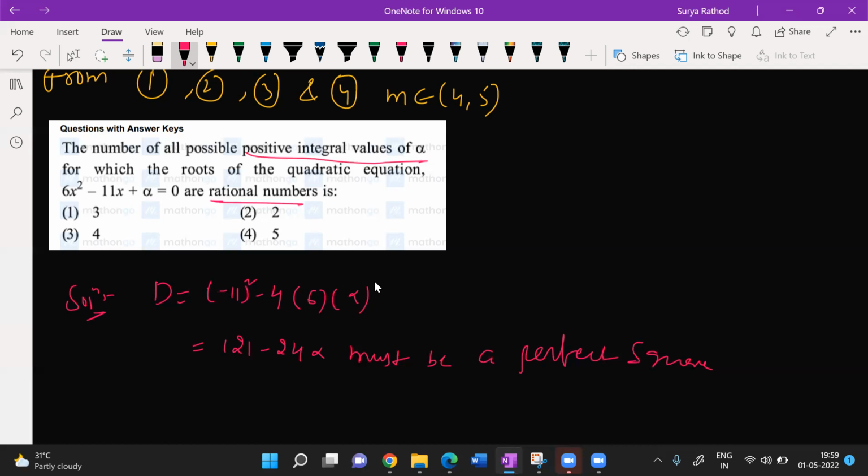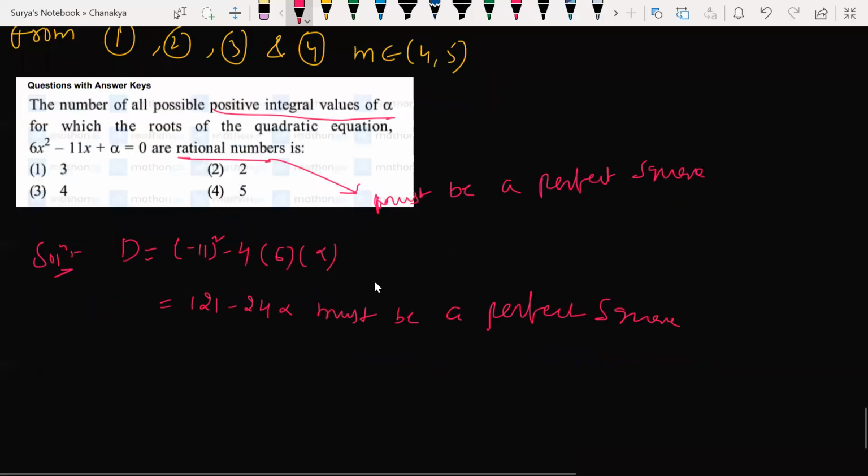Why perfect square? Because he has given that the roots are rational. Correct? So now, beta, tell me what are the possible values of alpha now?